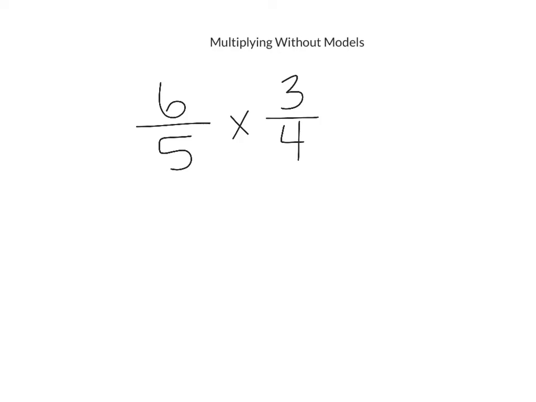Now we're going to look at the same exact example, this time multiplying without using a model. If you remember back to lesson 4.1, we had a couple of different strategies that we could use to multiply. And so I'm going to walk us through how to simplify first and then multiply. So again, remember that we're looking at our diagonals and seeing what we can simplify.